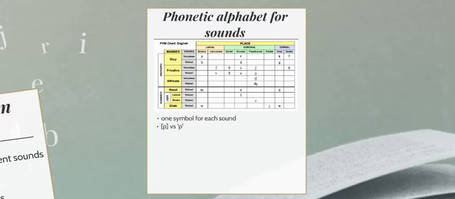Phonetic symbols are usually enclosed in square brackets to indicate that the transcription is phonetic. For example, you see that on the screen. Whenever a letter is enclosed in single quotation marks, we are now talking about the spelling, not the phone.